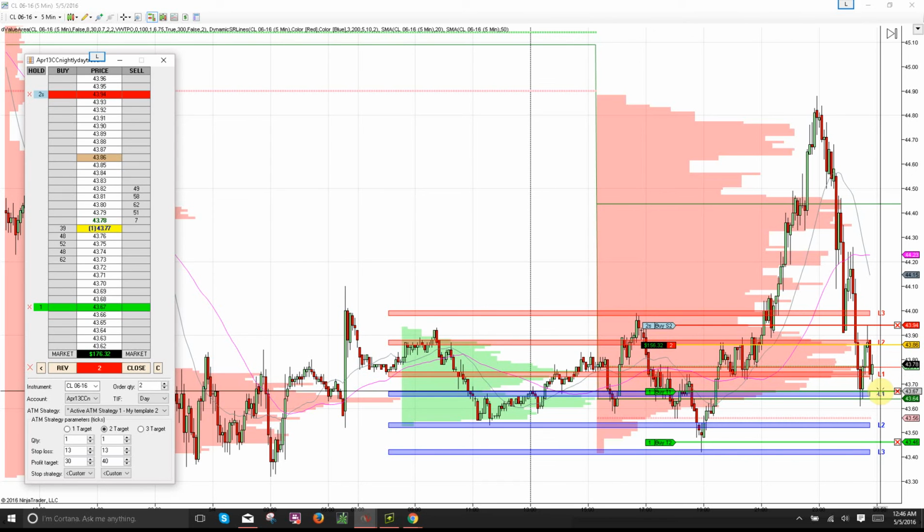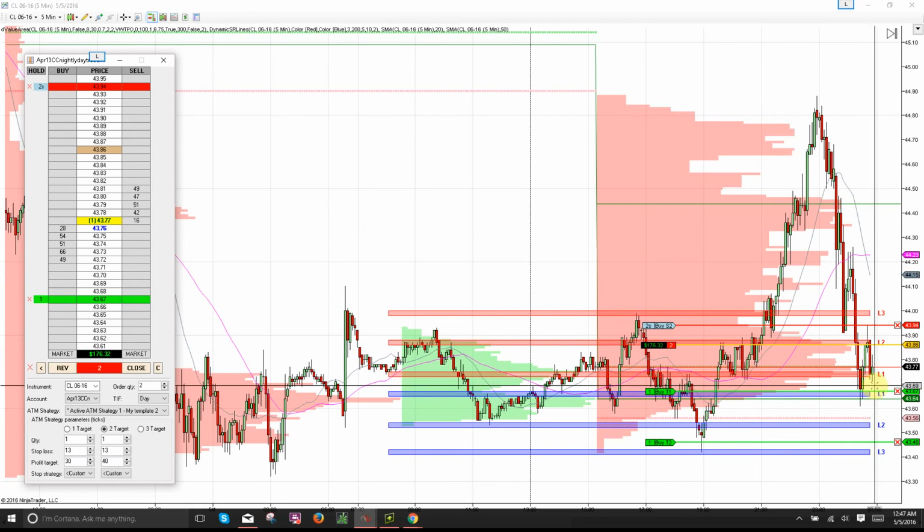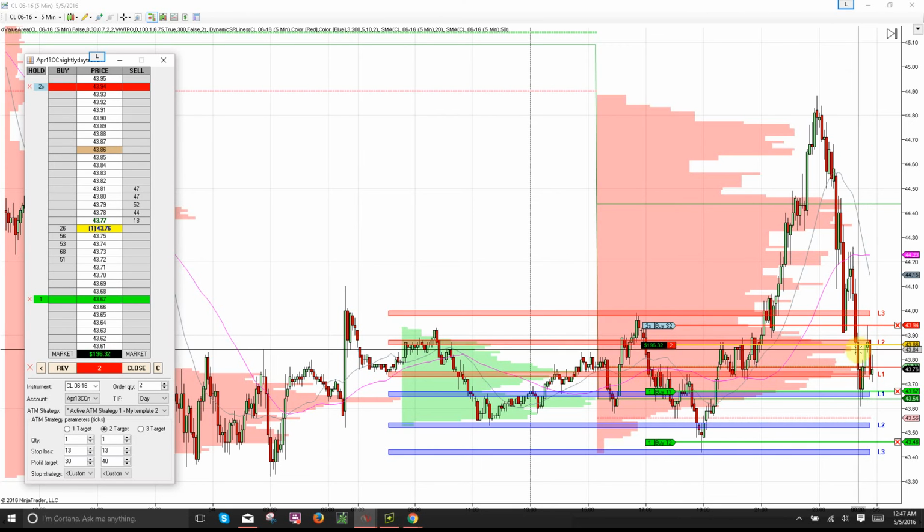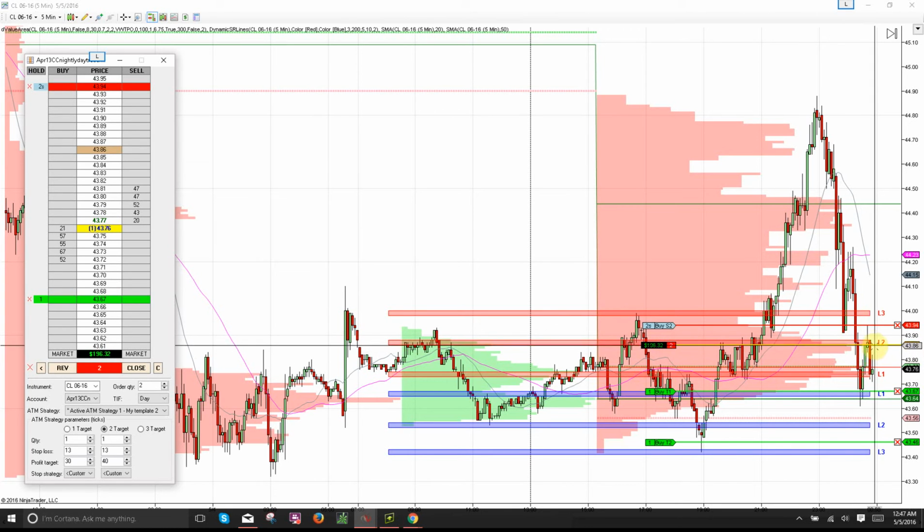So I'm going to hold my target and make sure that I'm holding on to that to get that 2 to 1. And now that it's moved enough, I'm still going to give it enough room, because a lot of times it'll come up and stop you out and then continue moving down.